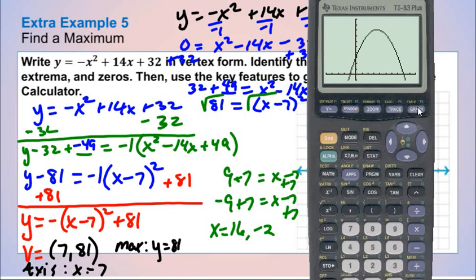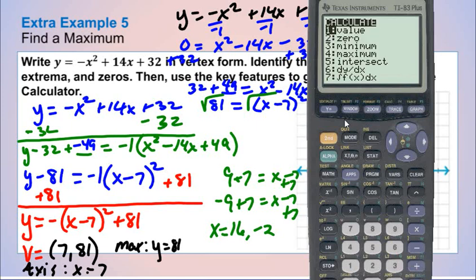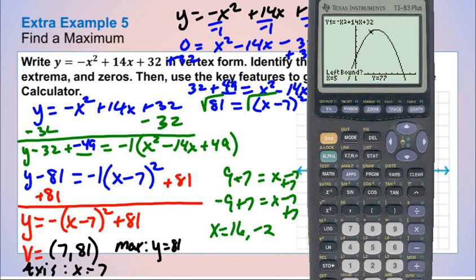The second one should be the same, so that's why you don't see a second one on there. Now if I hit second, trace, number 4, the maximum, hit enter, go to the right side, hit enter, enter a third time, and you should see here's your 7 and here's your 81, which is what I had as my maximum, where my vertex says 7 and 81.